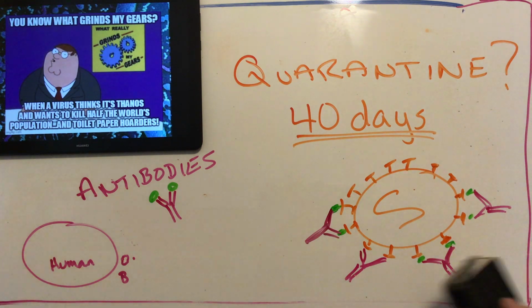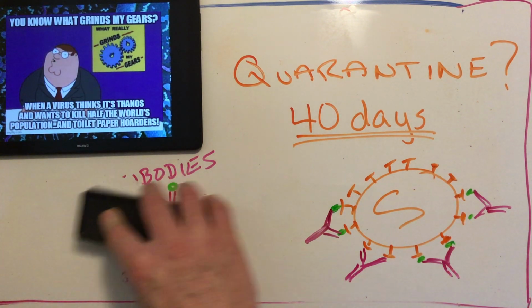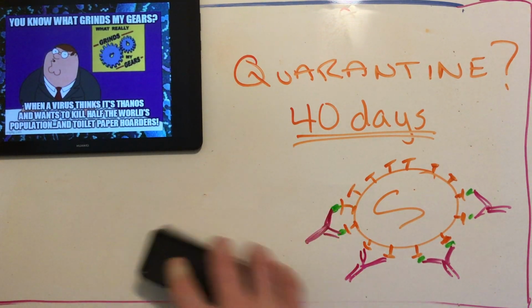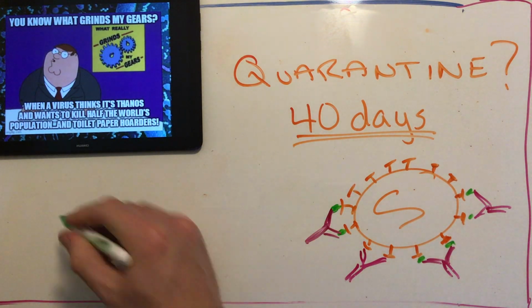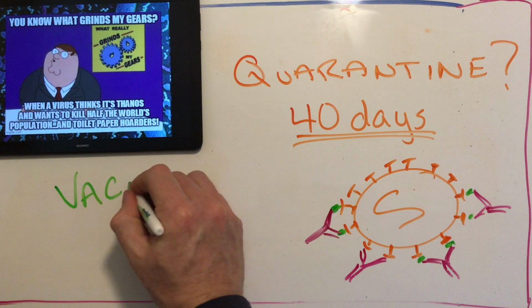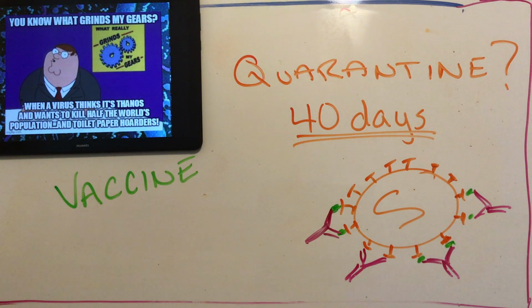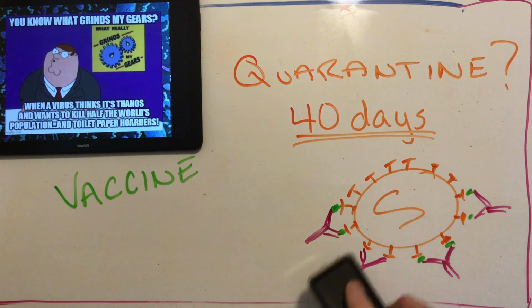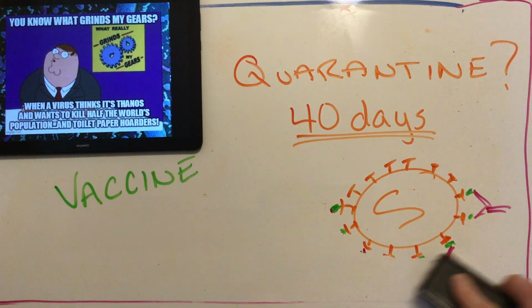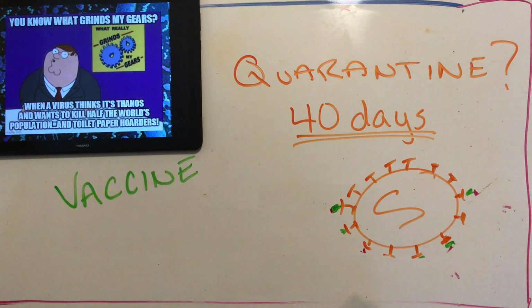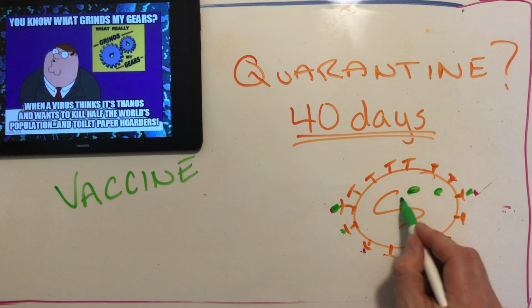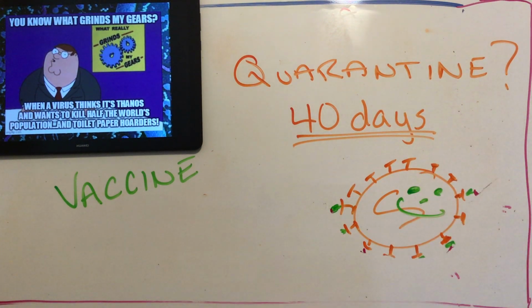Now, another form of immunity is a vaccine. What a vaccine is, is a weakened or dead form of the virus. So here's our normal coronavirus, right? It's sitting here going, shh, I'm healthy, I'm good and all of that.